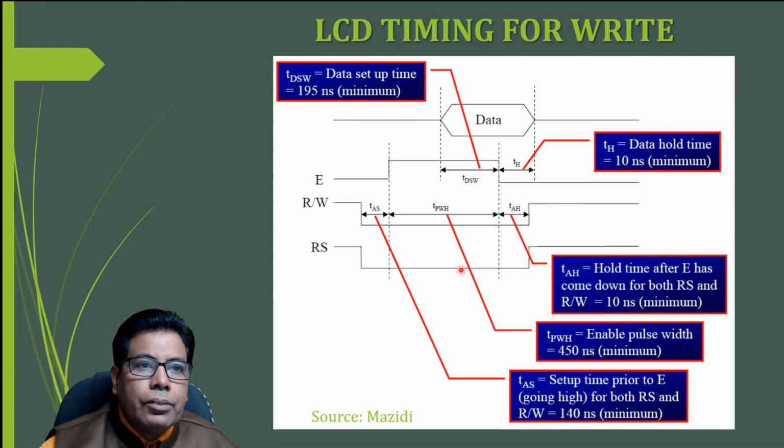Then we have the timing diagram for the write signal. So for write, when we are writing the data to the LCD, at that time we'll have to make use of this.